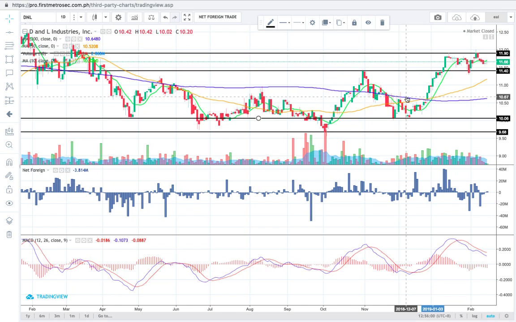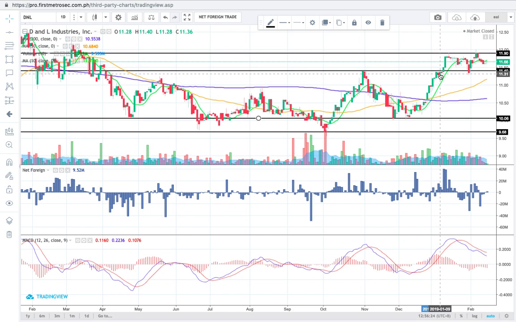So again, it made an attempt to break below 10.06, but apparently 10.06 proved to be a strong support level, so it bounced away again, made an attempt to pierce or break out above 11.40, again the old resistance level.